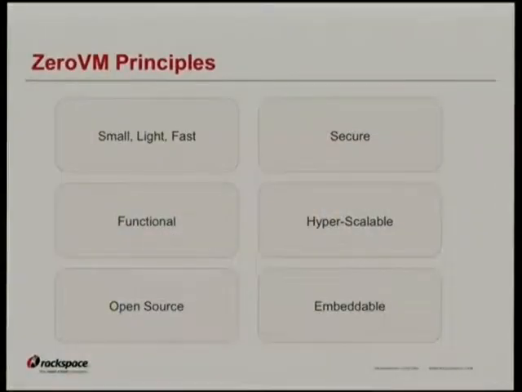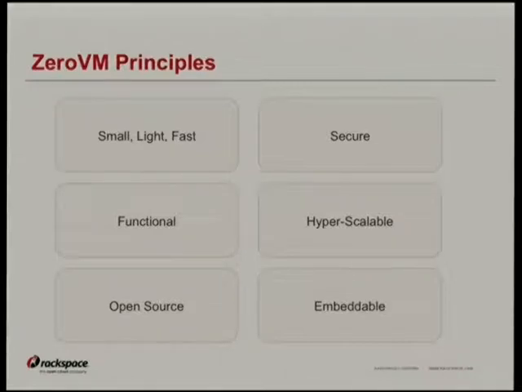These four characteristics tie very well with the basic principles behind ZeroVM. These principles are that it's meant to be very small, light, and fast. By small, the memory footprint required is just a few hundred kilobytes. By fast, we mean that the spawn and execution time for a ZeroVM instance is usually less than 5 milliseconds, so it's incredibly fast to execute.